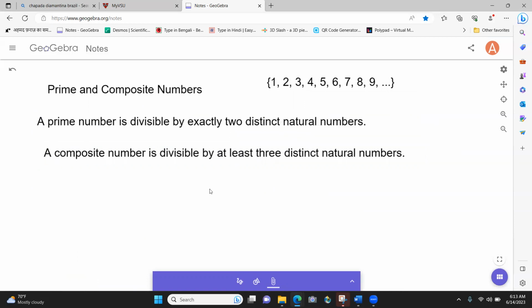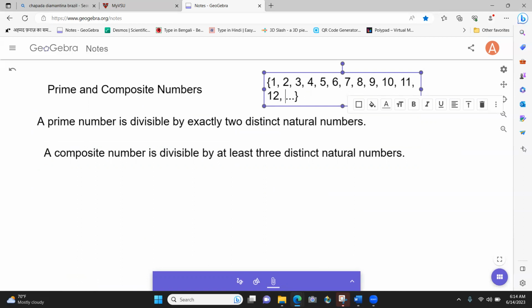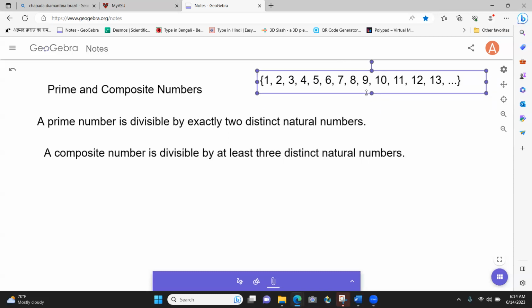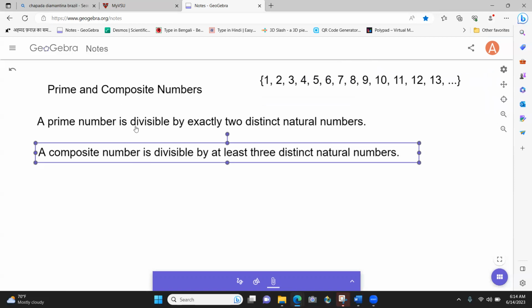All right, so let's add a few more here. This is the set of natural numbers. That should be sufficient. Okay, these are the definitions we're going to stick to, prime and composite.